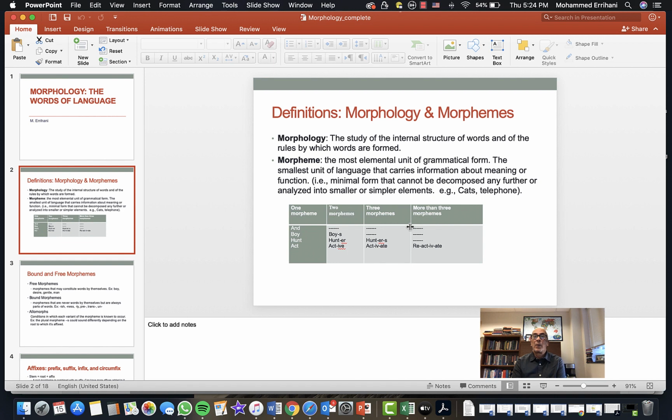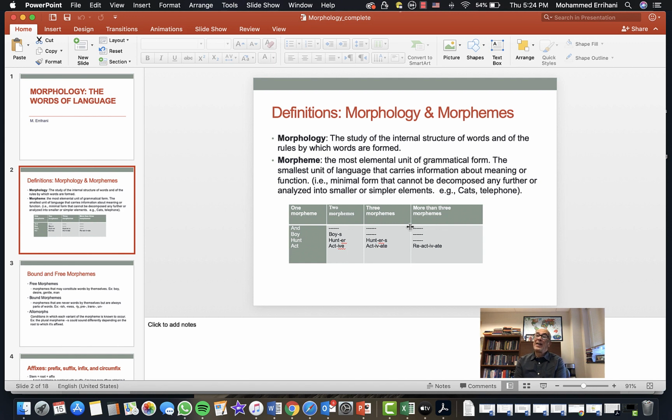Let's look at the word act as a verb or a noun. If you add if, it becomes a two morpheme word. You have act and if. And then you can add ate. You can have three morphemes, activate. So you have act, the first morpheme, a free morpheme, and then if and ate.